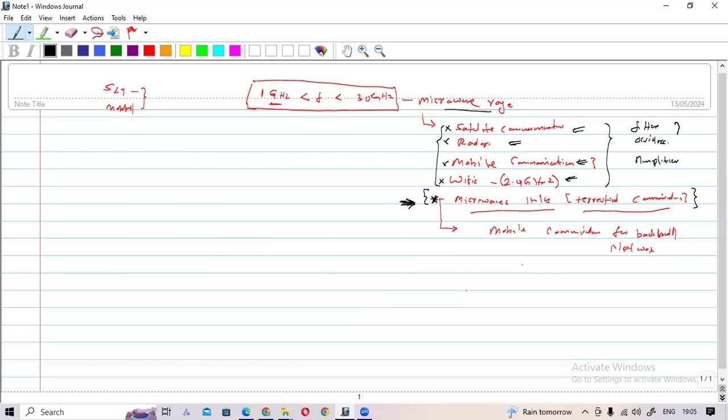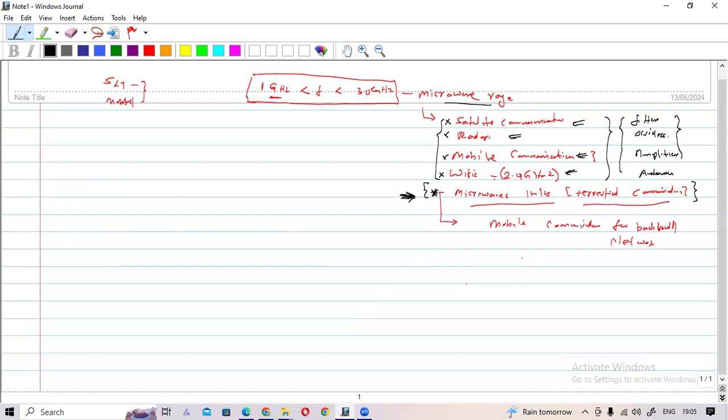So when we are designing these basic components, we have to directly deal with microwave engineering, microwave principles. Otherwise, we can't achieve these circuits. So this subject is very important. Don't forget it.